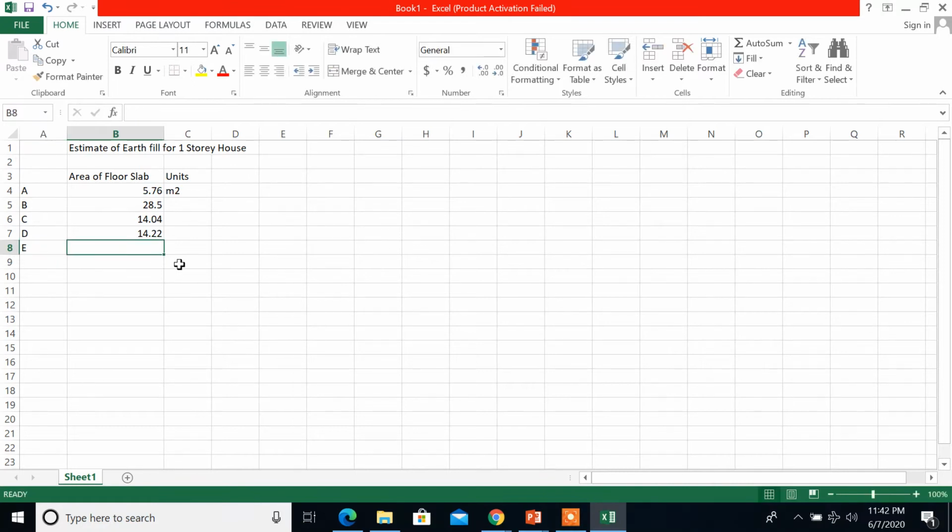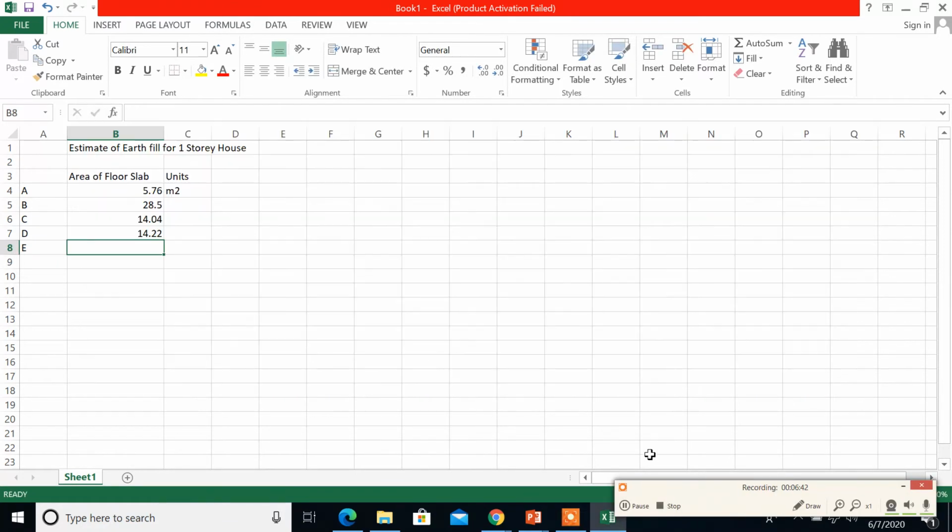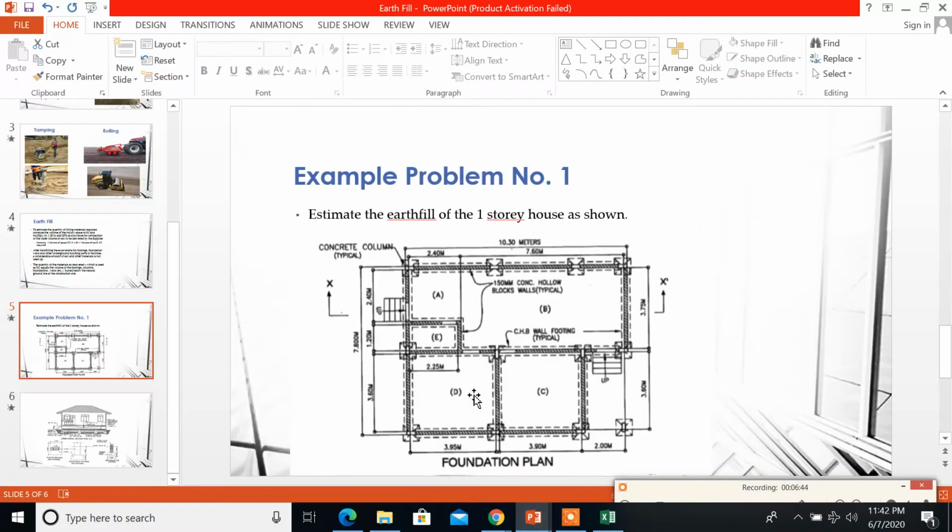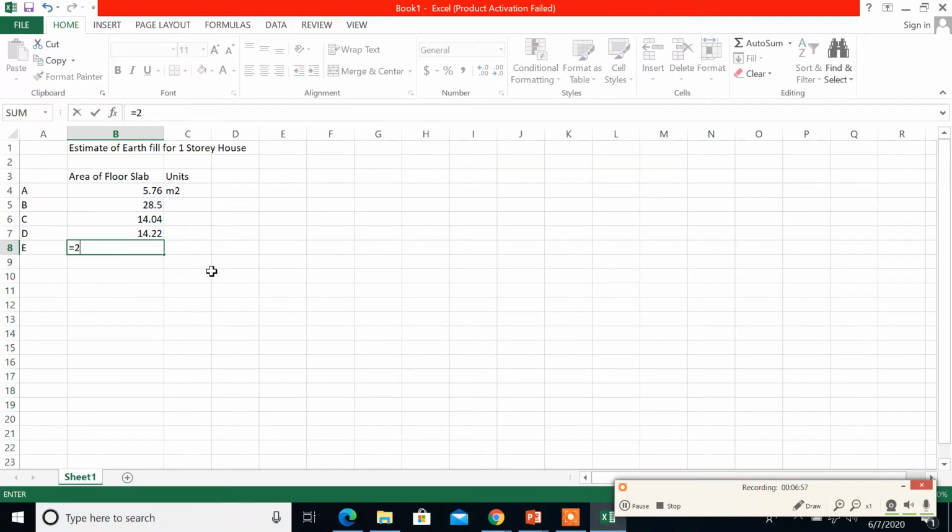Then for slab E, it is equivalent to 2.25 times 1.2. All units in square meters.